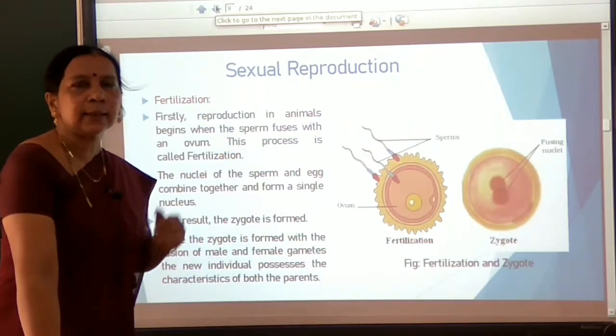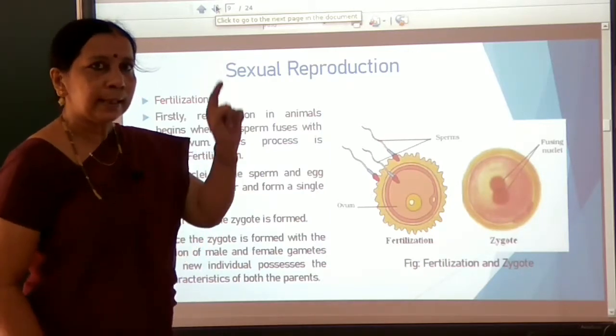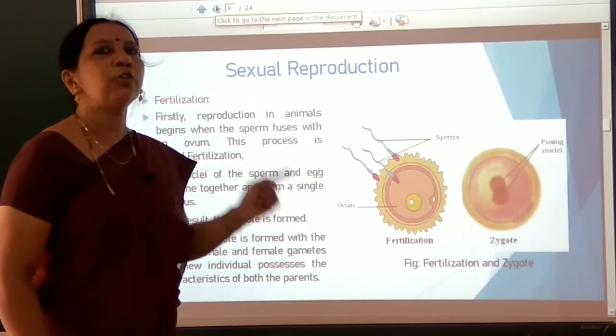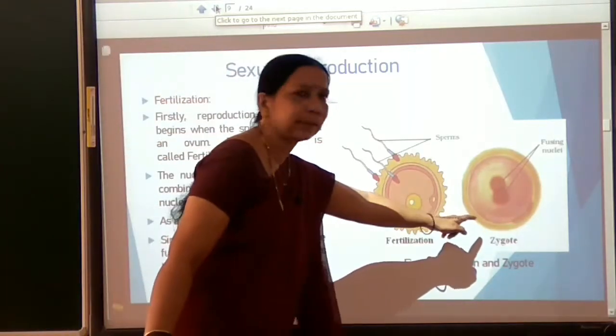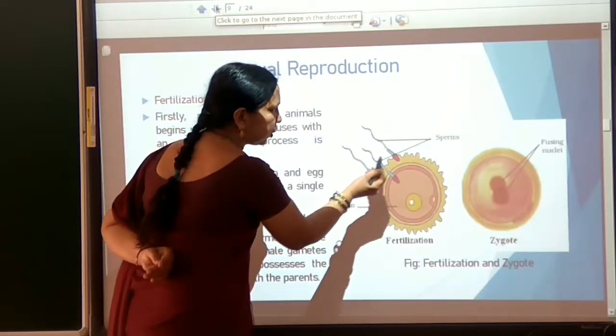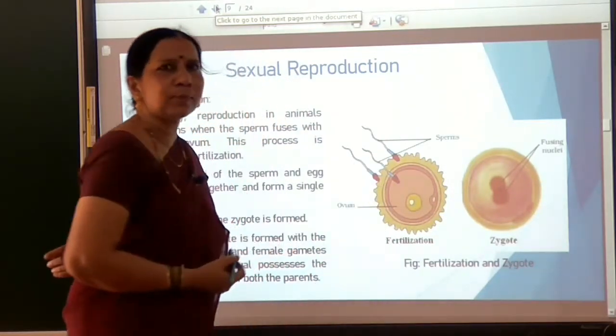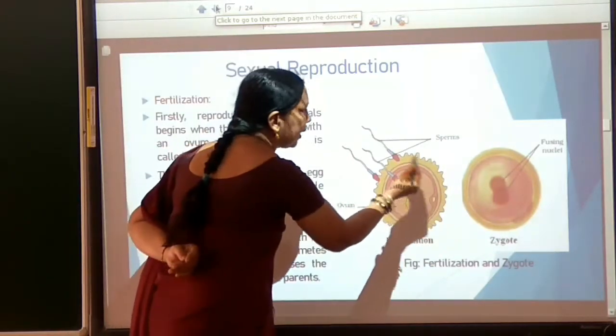What happens here? The sperm is a single cell, the egg is also a single cell. The nucleus of the sperm fuses with the nucleus of the egg to form a single nucleus in the zygote. You can see here the process of fertilization. Thousands of sperms are produced, but only one sperm fuses with the egg.